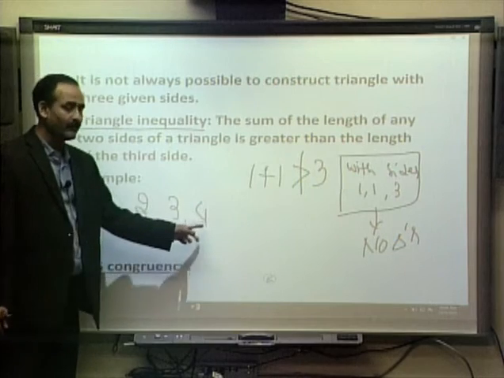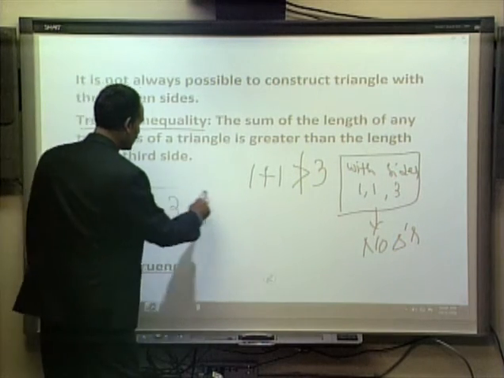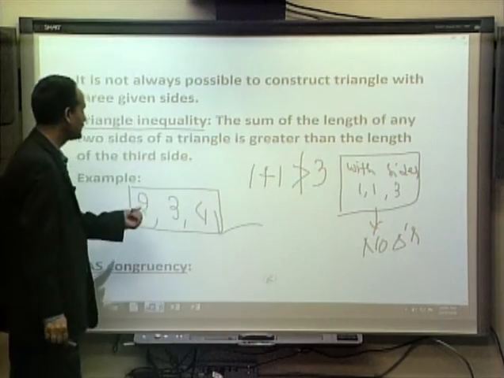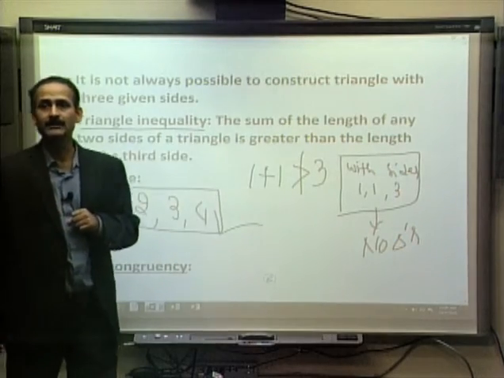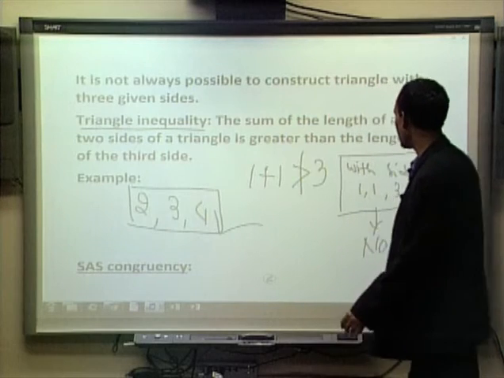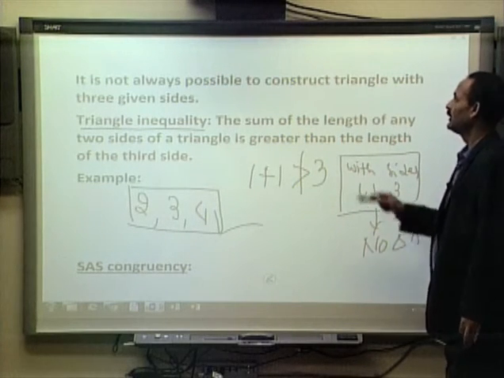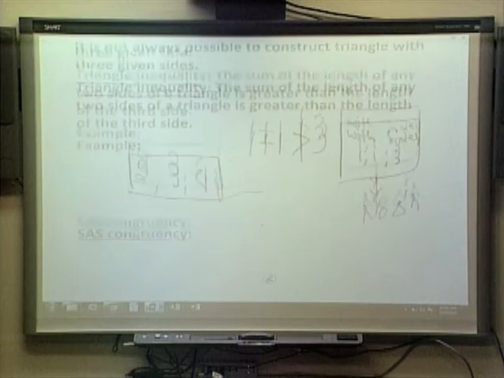If we add 2 and 4, which is bigger than 3, good. So we can construct a triangle whose sides are 2, 3 and 4 because these numbers satisfy the triangle inequality. We cannot construct a triangle whose sides are 1, 1 and 3 because these three numbers do not satisfy the triangle inequality.